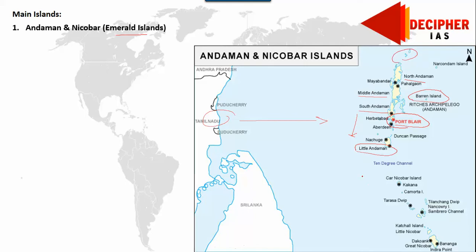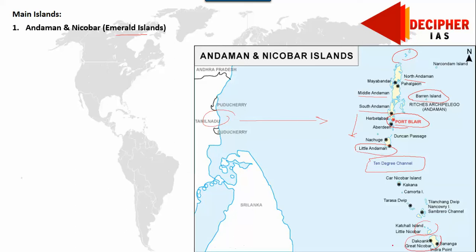Moving on, the range of the Andaman Islands is finished, and this Ten Degree Channel separates the Andaman Island group from the Nicobar. The first one is Car Nicobar Island, then Little Nicobar, and Great Nicobar.